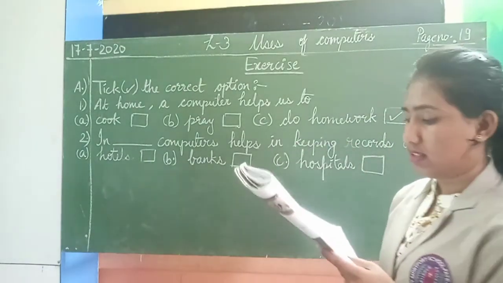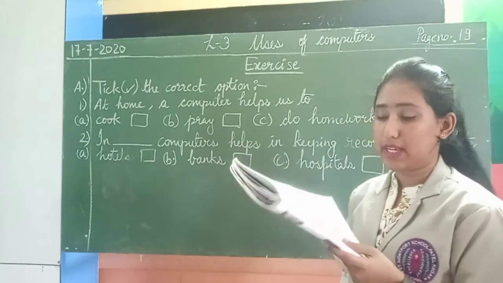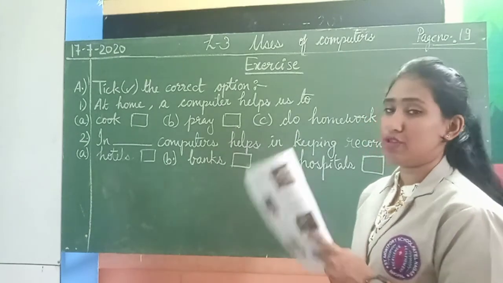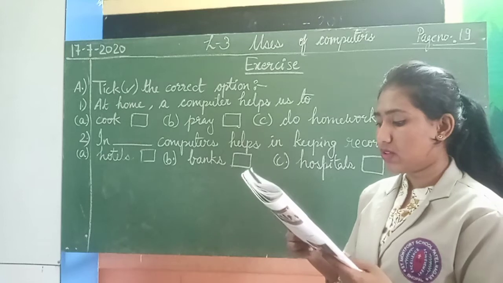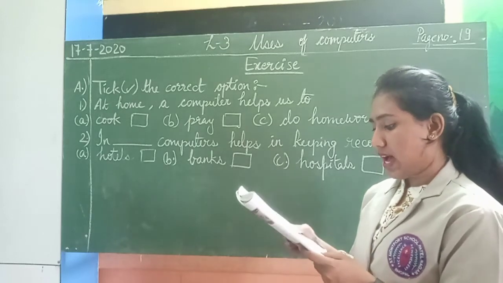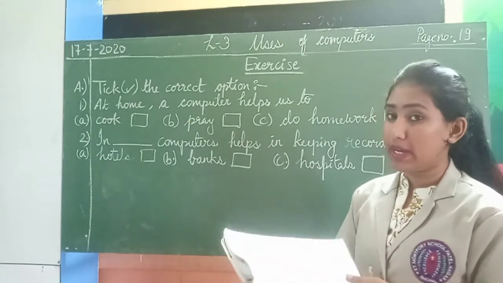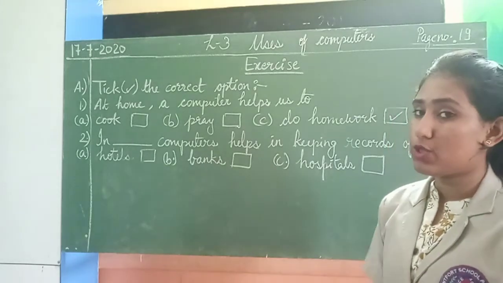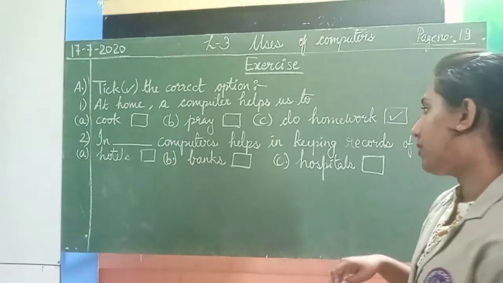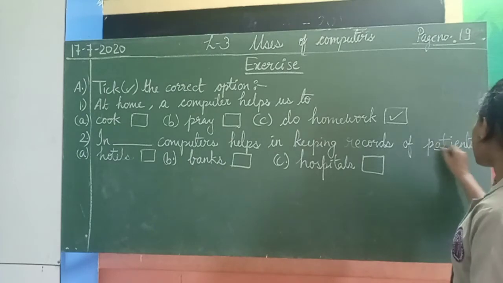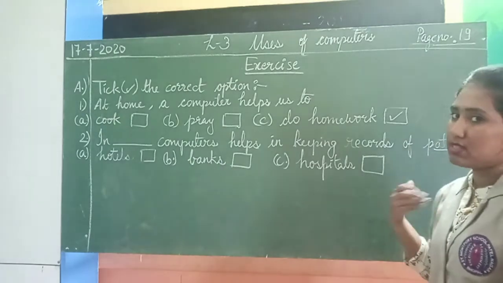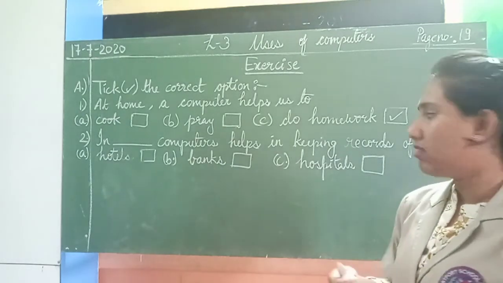What is the question? In dash, computers help in keeping records of patients. In this question, they are asking at which place a computer helps us to keep records of patients. So when it is asked about a patient, simply we can guess the answer, है ना?